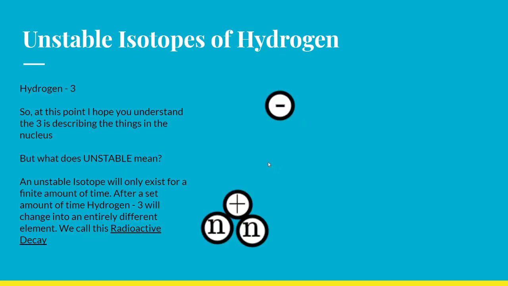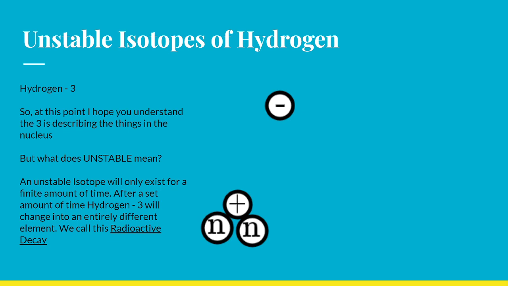However, here is the unstable isotope of hydrogen, hydrogen 3, which has 2 neutrons and 1 proton in its nucleus. So that's where the 3 comes from. There are 3 things in the nucleus. But when we talk about instability, we talk about the fact that this hydrogen 3 will only exist for a set amount of time.